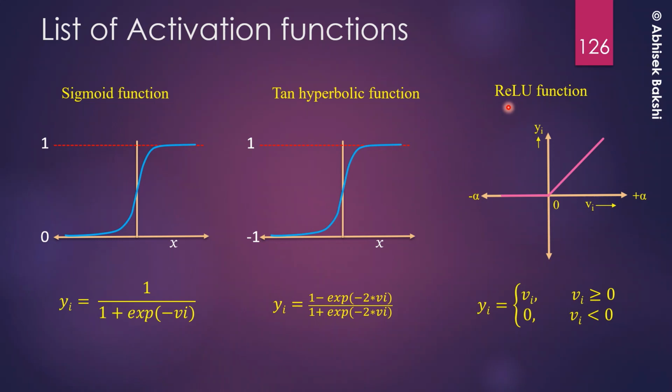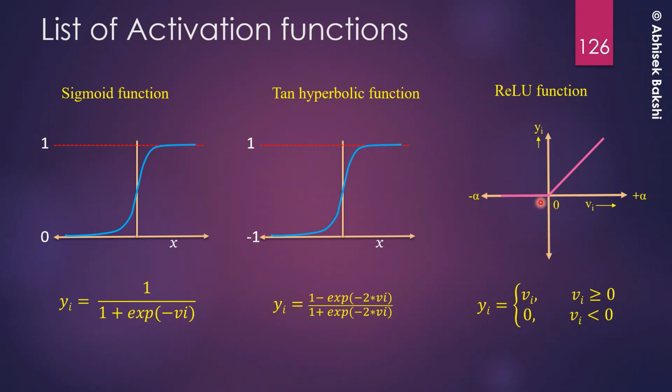One is pre-ReLU. In case of pre-ReLU, as you have 0 here for v less than 0, it's not exactly that in case of pre-ReLU. The curve will be somewhere like from here, like this.